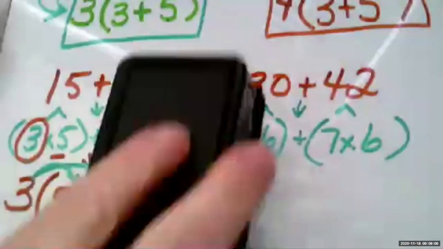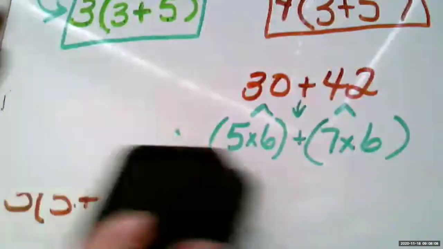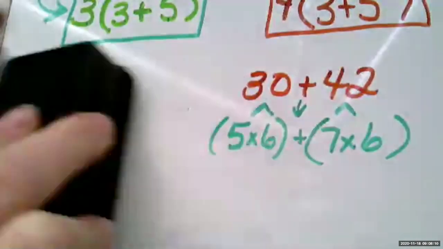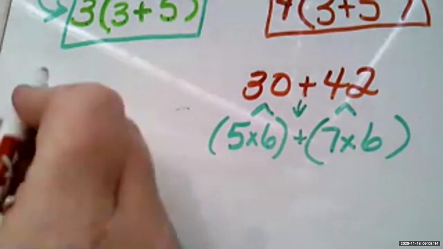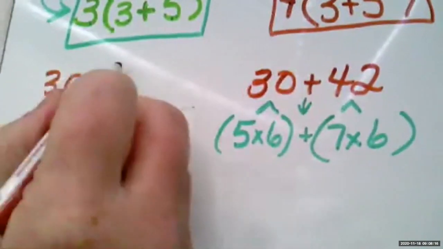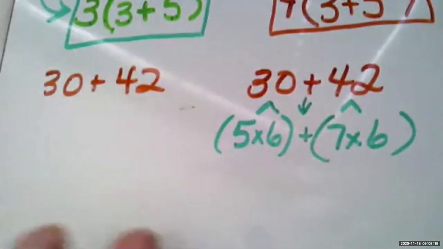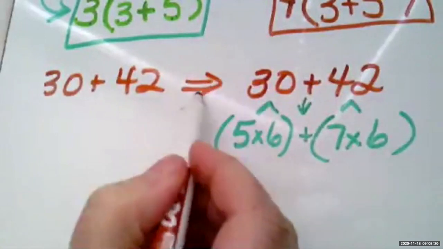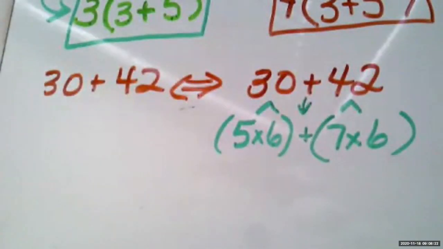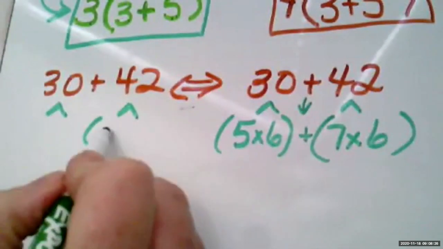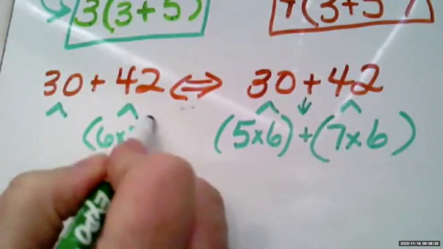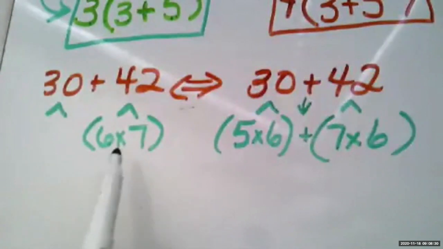I'm actually going to share something a little bit different with you on this side, just because there's a little bit of an art to this as well. 30 plus 42. I'm going to show you the exact same problem, but I'm going to create a problem within the problem. 6 times 7 is about the only way to get 42.